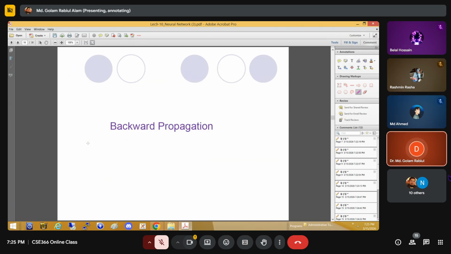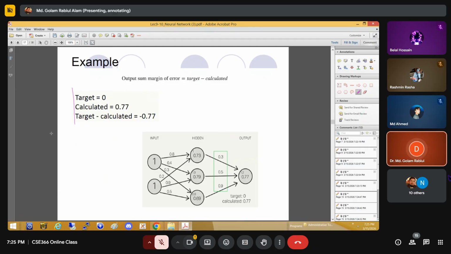For each iteration, it will try to reduce the error and get closer to the output of 0. So it will try to minimize the error every iteration.